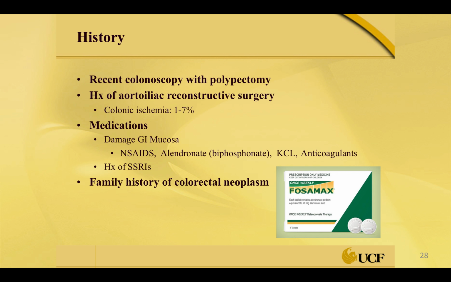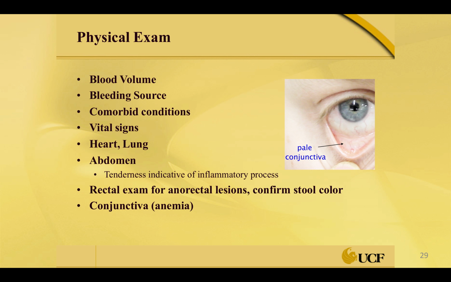Medications are also a biggie here: medications that may damage the GI mucosa, like NSAIDs, bisphosphonates, potassium chloride, and some anticoagulants, and also a history of SSRI intake. On top of all this, family history of colorectal neoplasm puts individuals at risk for lower GI bleed.